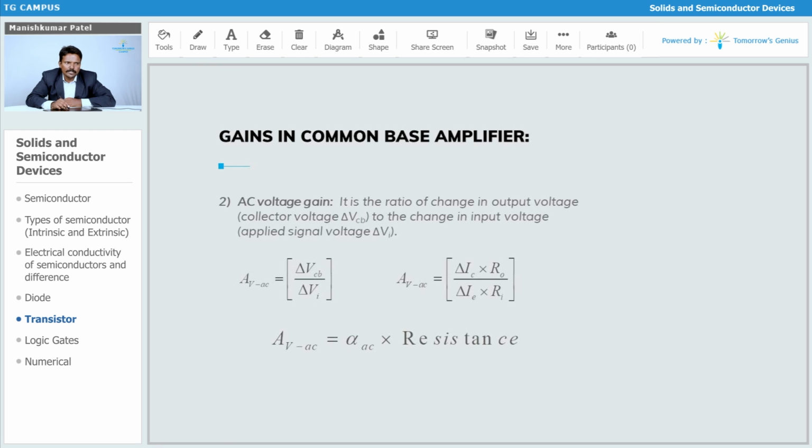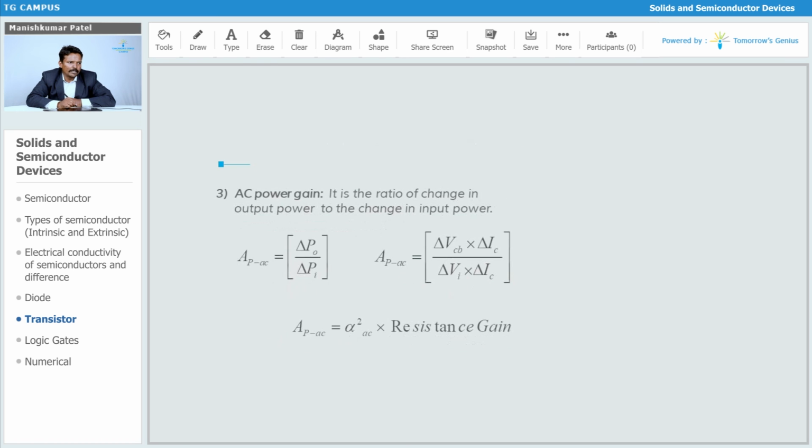The output voltage is the change in current into resistance, and the input voltage is the change in input current into input resistance. IC upon IE is alpha, and this is the resistance ratio, so we can write it down as the gain in the common base amplifier.